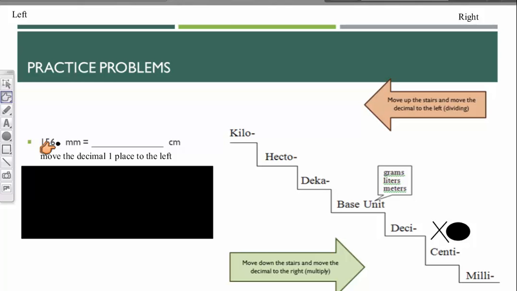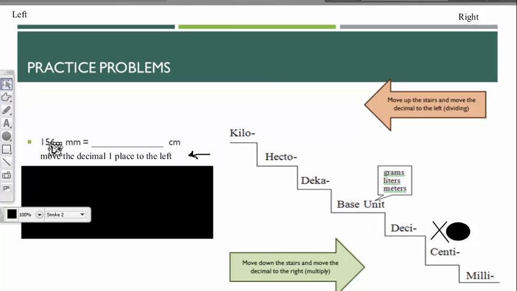Now, according to my stair step, I need to move the decimal 1 place to the left. Okay? Now remember, the left is this way. Look at where our screen is. So I'm going to take this little dot and go 1 place to the left. That means I'm going to move my decimal right smack in between the 6 and the 5. That's one place to the left.